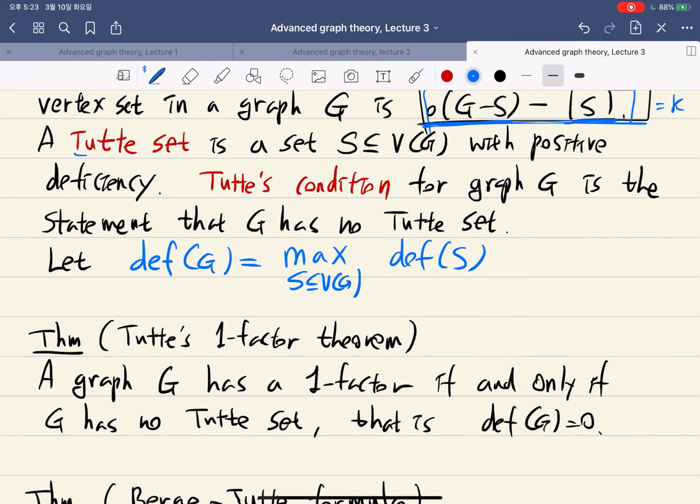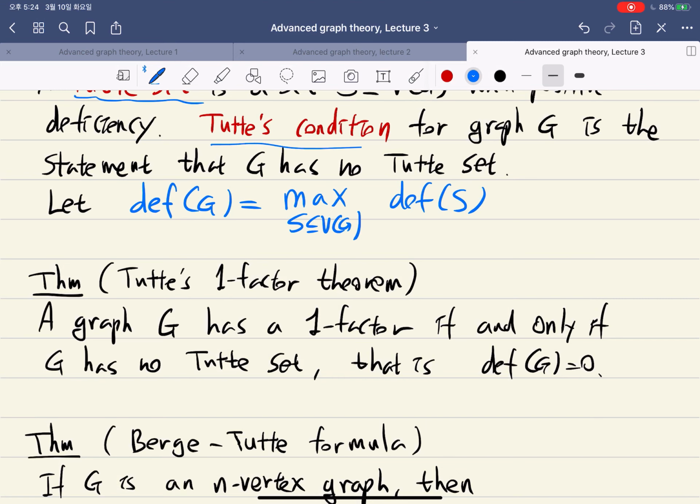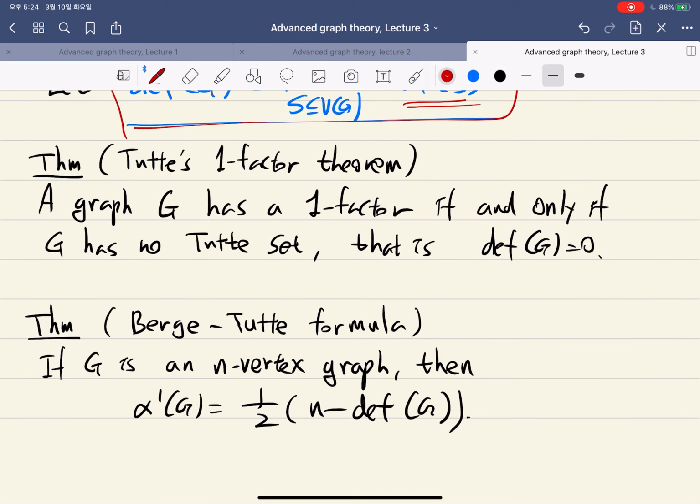We define a Tutte set as a set with positive deficiency. So Tutte's condition says that there is no Tutte set, so deficiency is always non-positive. And then we define the deficiency of a graph as the maximum deficiency of a set. Tutte's one-factor theorem says that the graph has a one-factor if and only if it has no Tutte set.